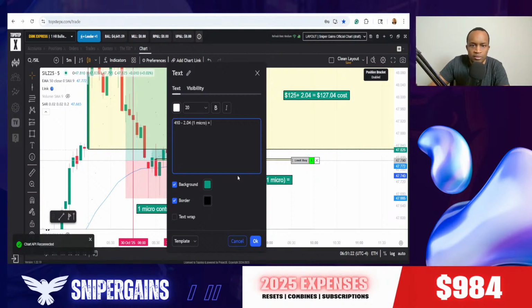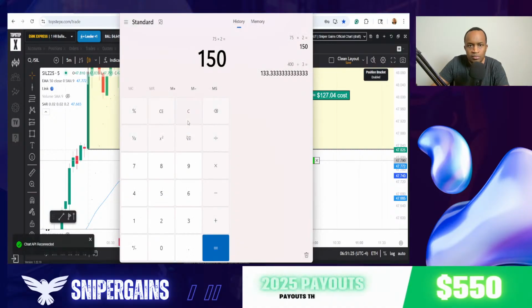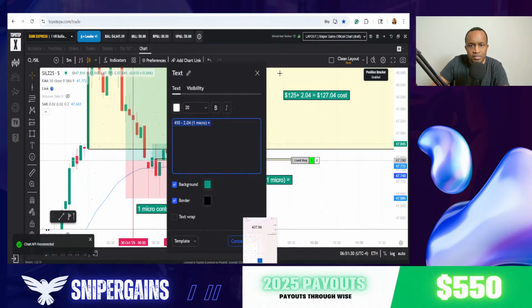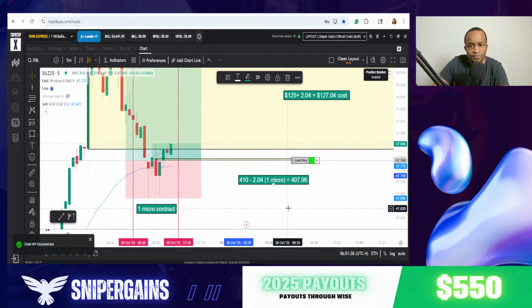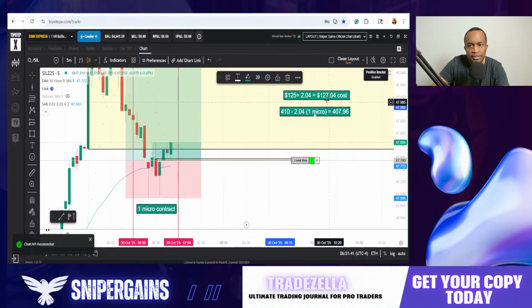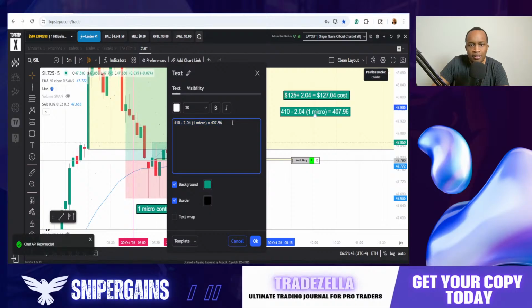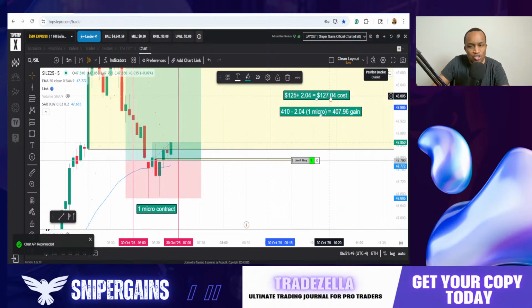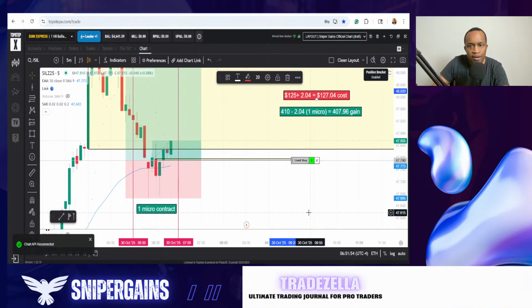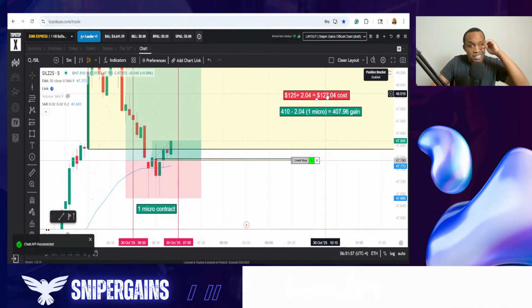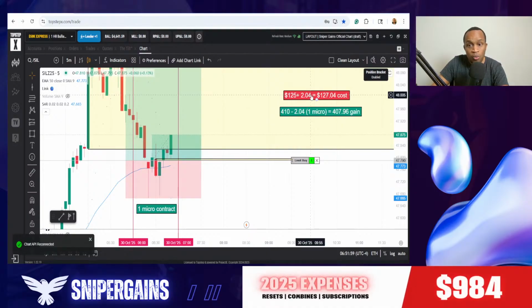That will equal 407.96. Okay, so that would be the gain and then the cost. So cost-wise, we are within our risk parameters. So we're just right under 133, which is fine. And what I'm doing now is I usually use this to kind of give me an idea of what we're working with.